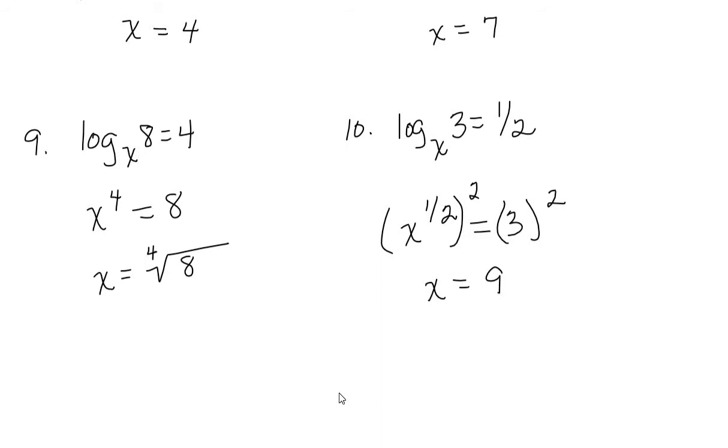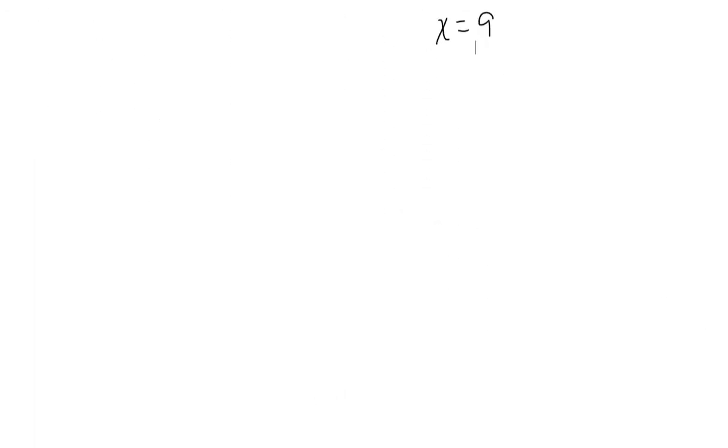And one thing I want to point out here is that you need to be multiplying these two numbers together to give you 1. Because really, if I wanted to go ahead and put this step in here, 1/2 times 2 is 1. So x to the first power is just x. I'm trying to get this exponent to be 1. And that is important for you to understand for this next problem here.